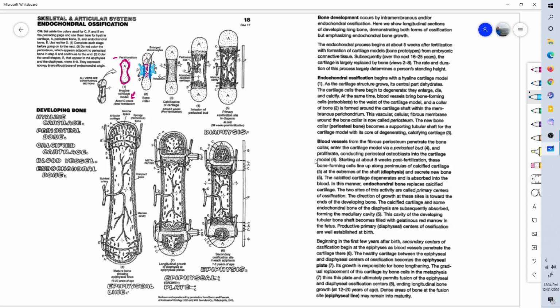And at the same time, the cartilage begins to, in the center, begin to die off. These cells begin to die off as this new bone collar is forming right around the middle.